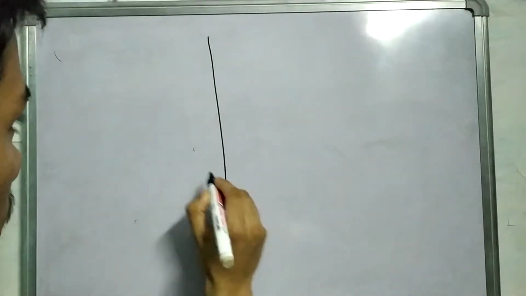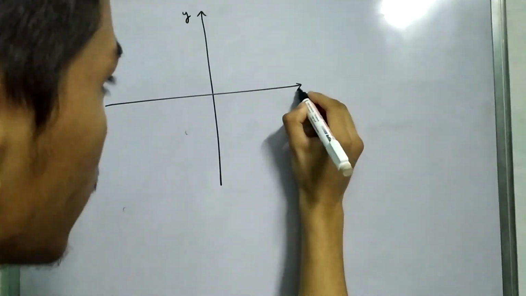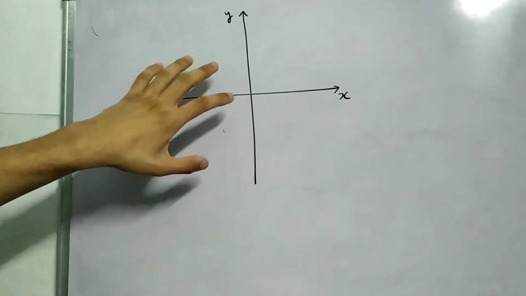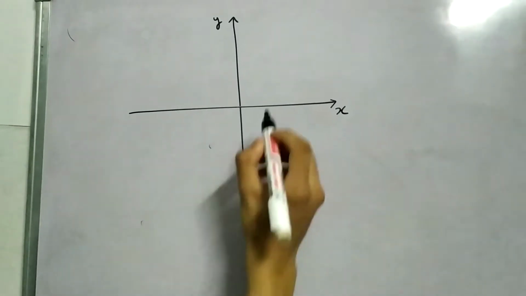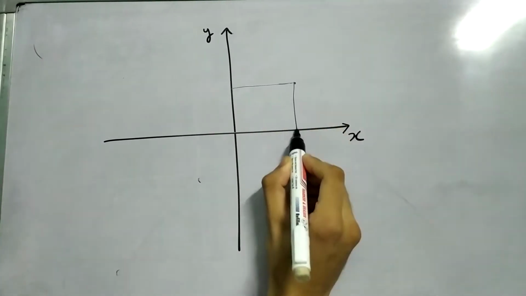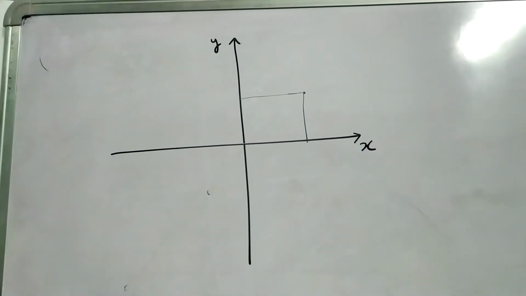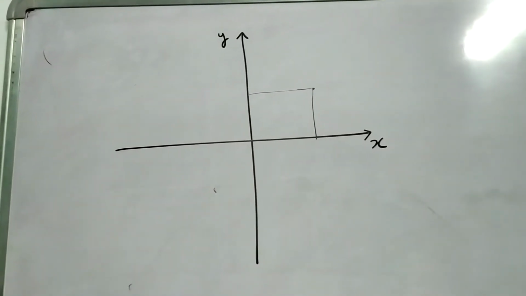Today we'll be studying a different coordinate system, the polar coordinate system in two dimensions. We have this standard y, x, the rectangular coordinate system. We locate a point and it has some x coordinate, some y coordinate. Now there's another way to define this point.